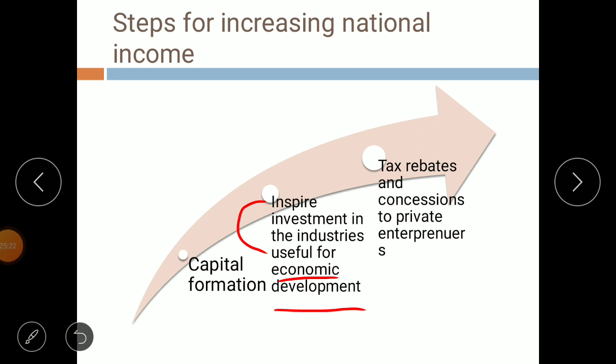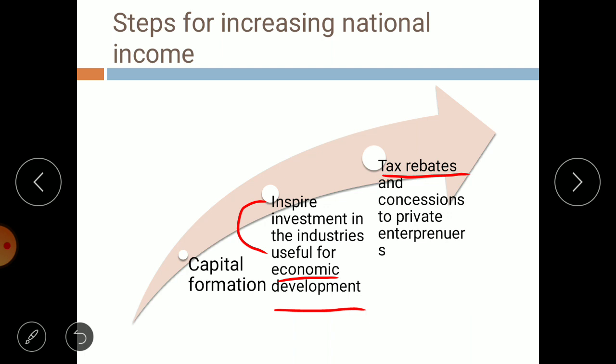Then third step is tax rebates and concessions to private entrepreneurs. What is written? Tax rebates. Tax rebates simply means giving tax concession to the entrepreneurs. Entrepreneurs are the businessmen. If you give tax concession, what will happen? To that extent their income will increase.